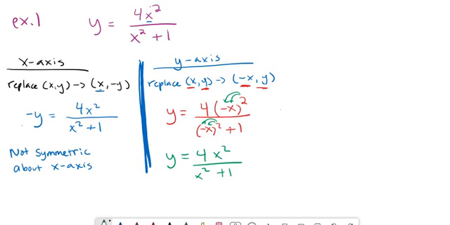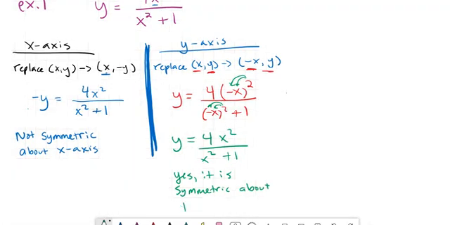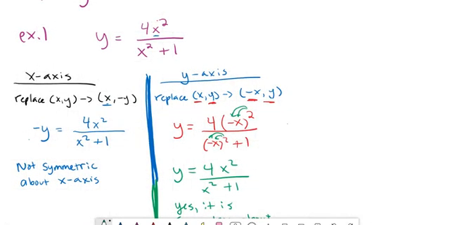If that happens, then you will say, yes, it is symmetric about the y-axis. So in this case, we would be able to say, yes, this particular graph does have symmetry about the y-axis, because after we did our substitution and we did our simplifying, we got back to the exact same equation.